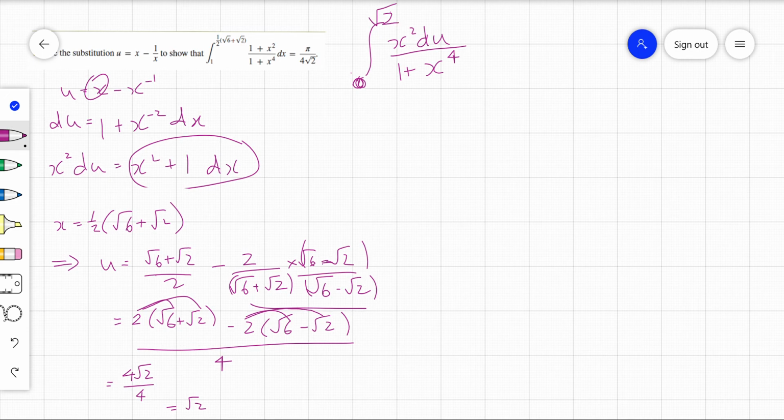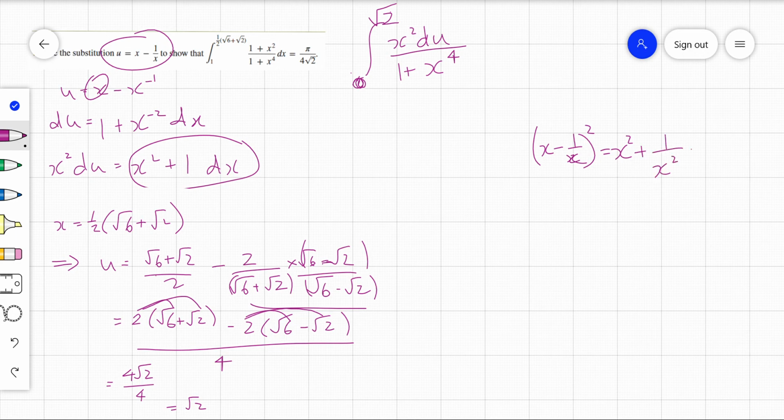There we go. All right, but how are we going to get rid of these x values here? Something you might like to look at, because we know u is equal to x minus 1 on x, is squaring that. I would get x squared, so square the first term, square the last term, and double the product.